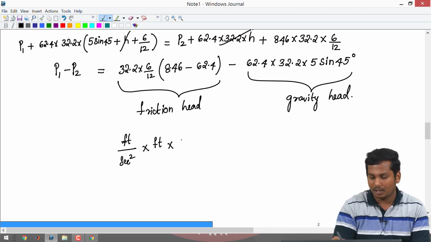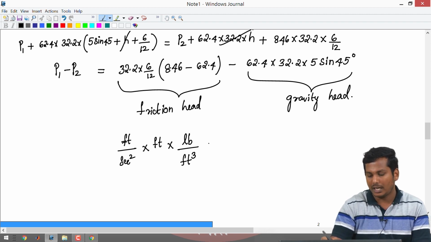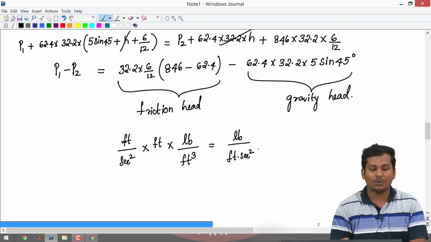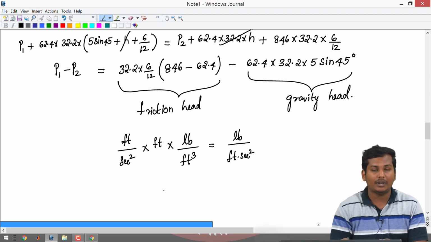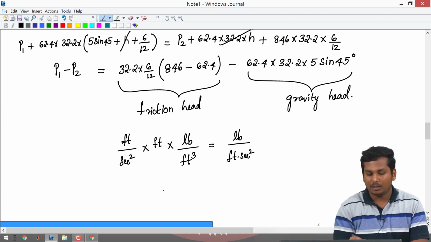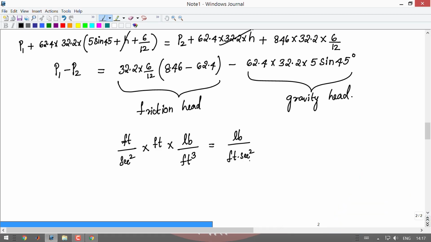The density in FPS units is LB per feet cube. So, finally, we have ended up with LB per feet times second square, but we are asked to calculate the pressure difference in terms of LB force per inch square.